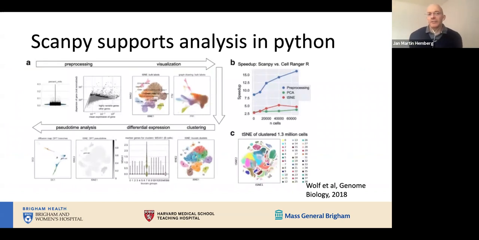So one alternative is to use STANDPIE instead, which was developed by the TICE lab, and they also have very nice documentation and actively maintain this. It does pretty much the same thing as SURAT, but it's based on Python. And I think by most benchmarks, it would be more efficient, faster, and less memory intensive, because that tends to be what happens when you compare R to Python.